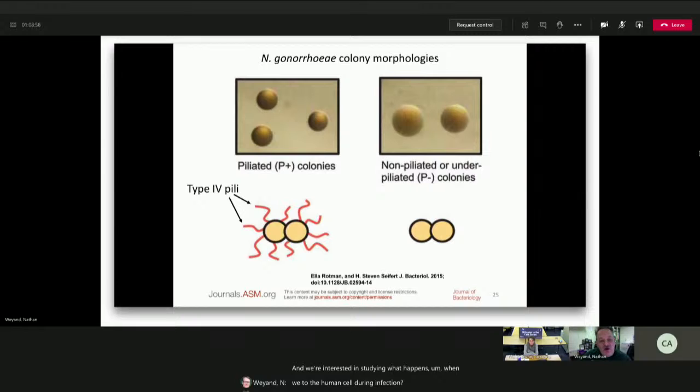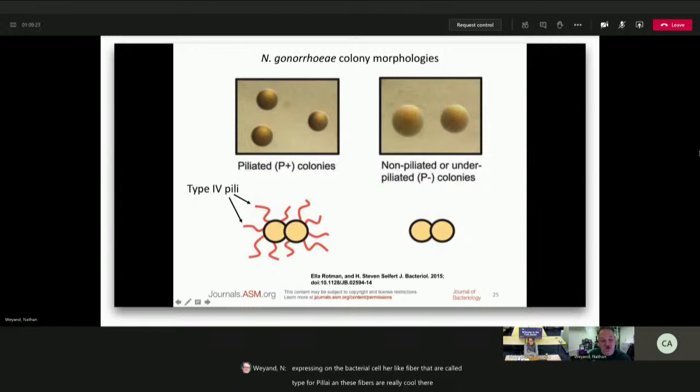This is from a paper from the lab of Hank Seifert, who's a really respected scientist in my field. These are images of colonies of Neisseria gonorrhoeae. On the left, we have what are called piliated colonies. The bacteria in these colonies are expressing hair-like fibers on the bacterial cell called type 4 pili, and these fibers are really cool.